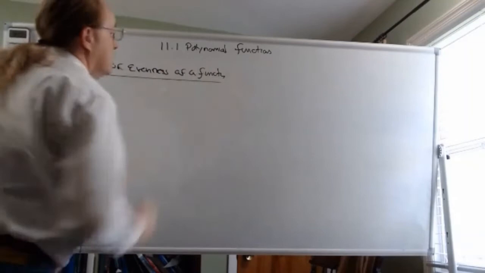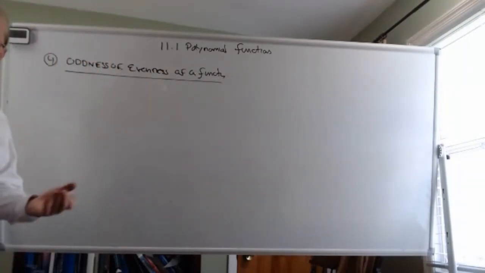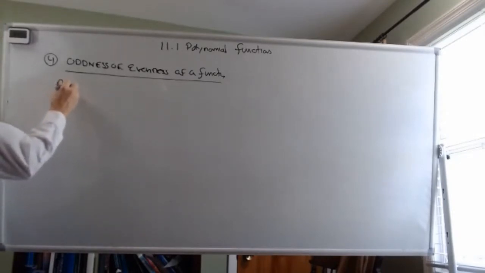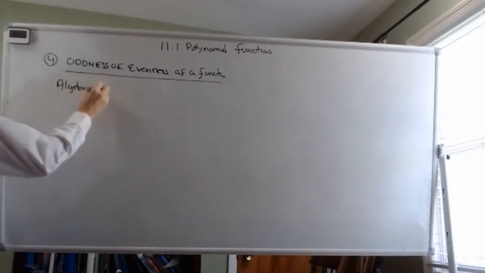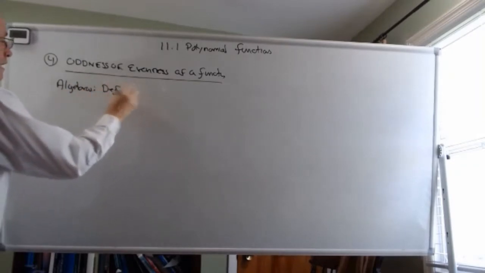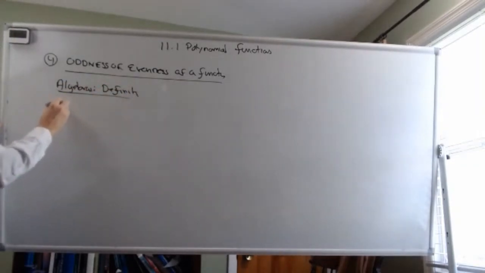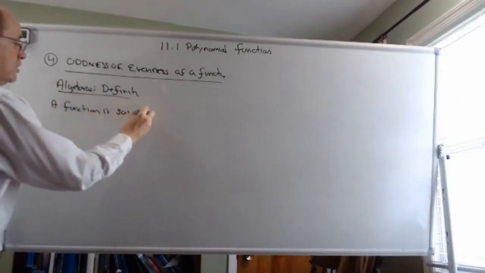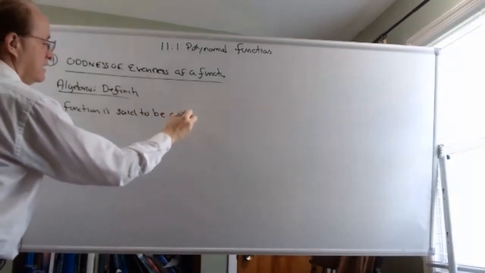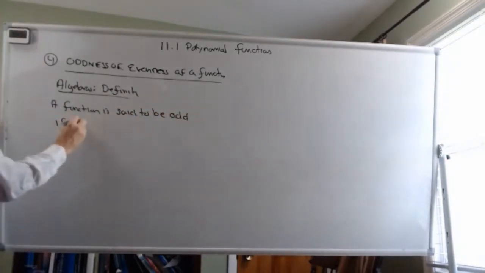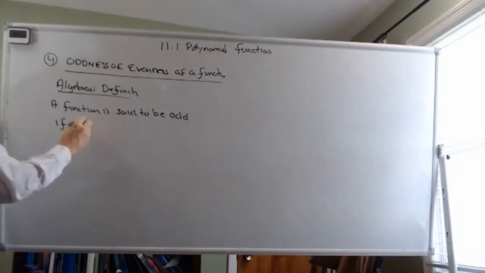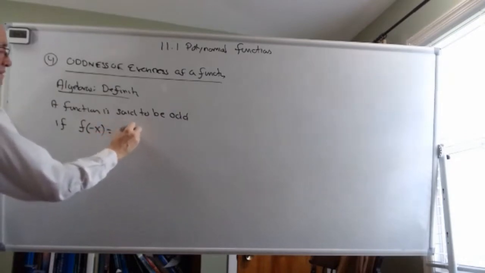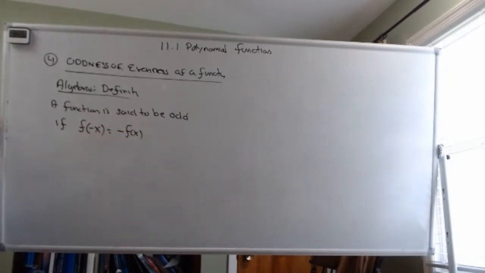Okay, let's take a definition algebraically, and then we'll talk about what it means graphically. So here's the algebraic definition. A function is said to be odd if f of negative x is equal to the negative of f of x, meaning the sign can come out of the argument.